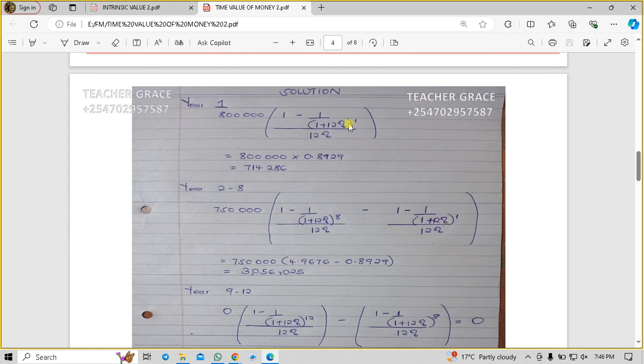So we are going to subtract these. That's why we are using power 1. The only issue that normally comes here, don't make a mistake of subtracting the second year. We are going to subtract the first year so that you can be able to get the present value.